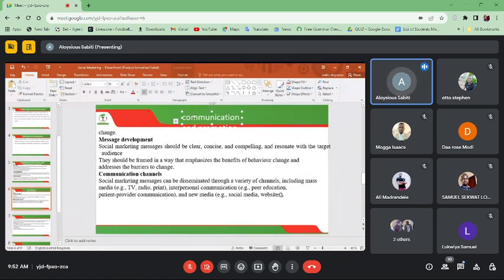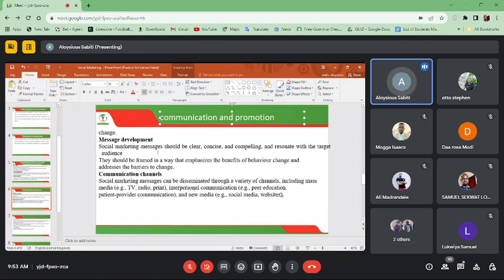If you design a message that has no benefit of the behavior change, people may start to question what the advantages of changing their behavior are. There is no way you can go and preach health promotion to a smoker and not have the advantages of quitting smoking.